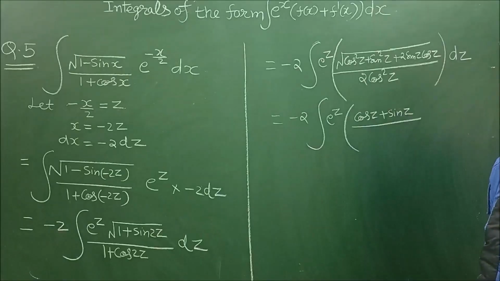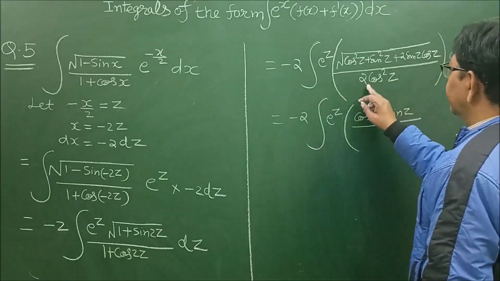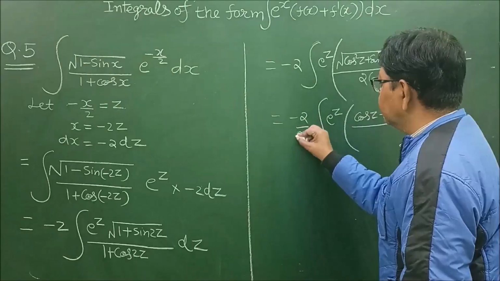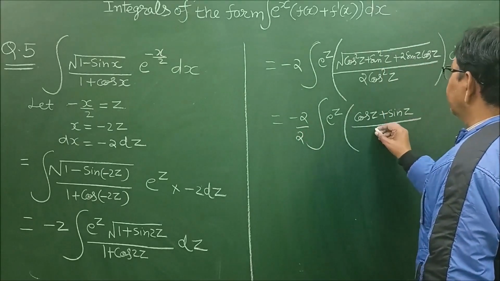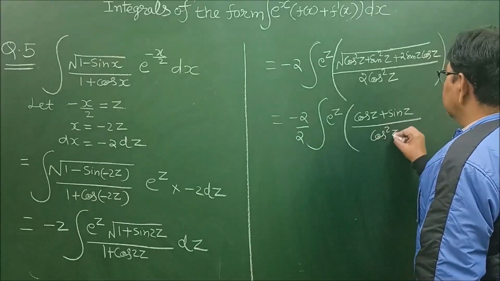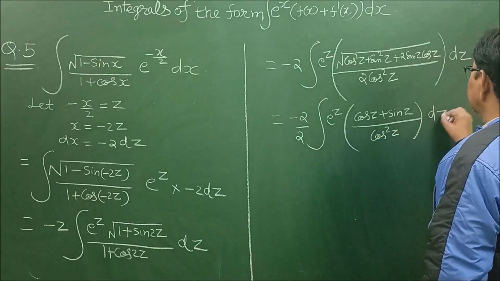upon this 2 can be taken out of the bracket, and this upon cos square z dz.